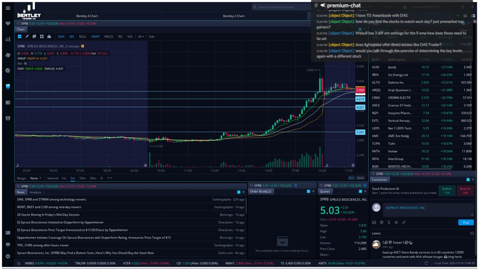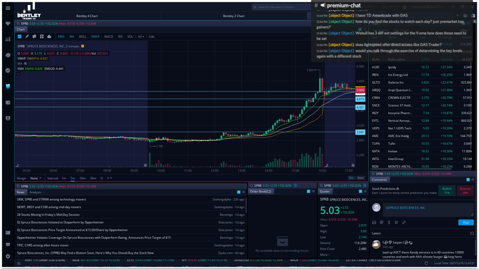Whatever your brokerage is, if you have DAS Trader, your orders are going to fill through that brokerage. So if you use TD Ameritrade with DAS Trader, your orders fill at the same speed as through TD Ameritrade. Versus Lightspeed, your orders are going to fill instantly.